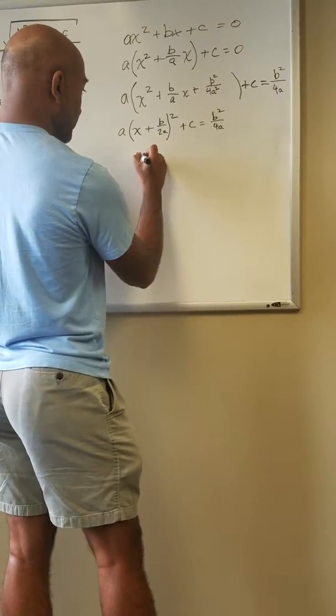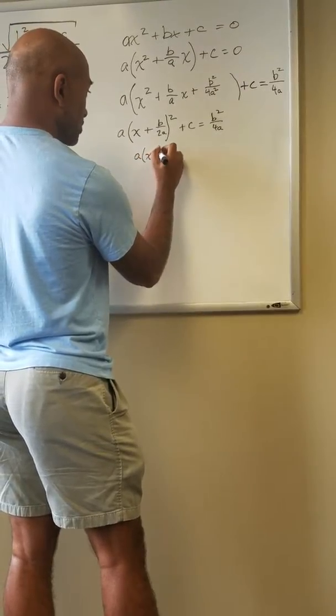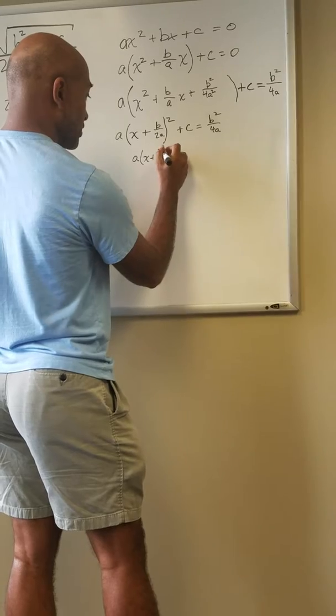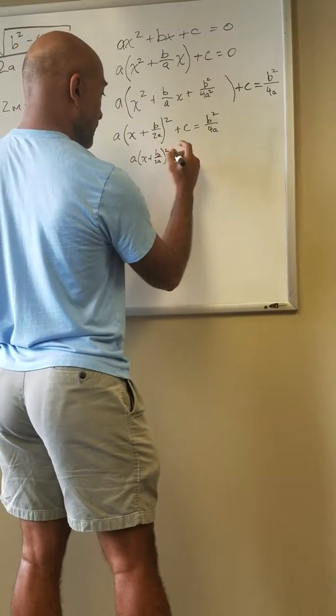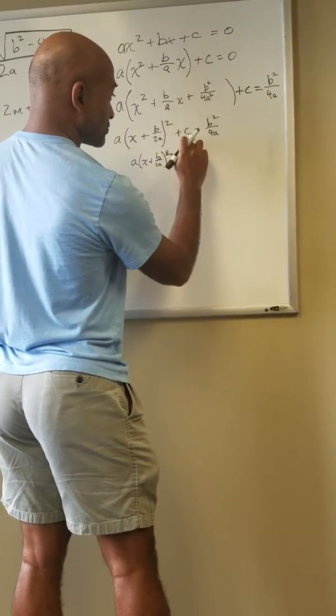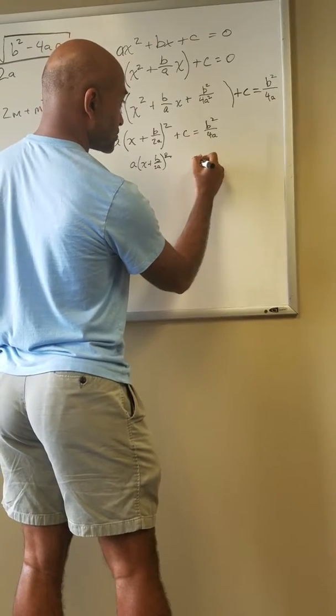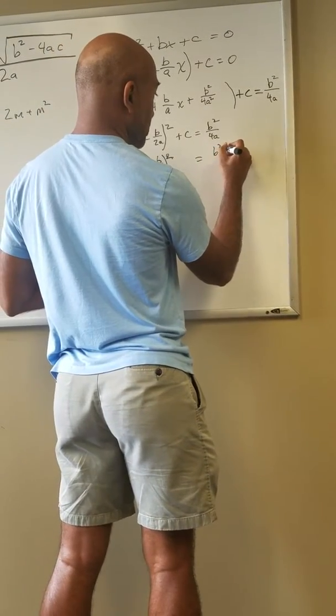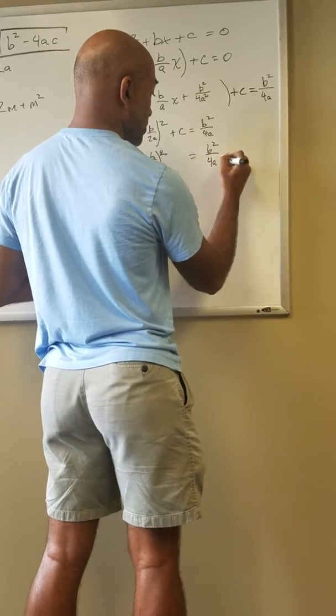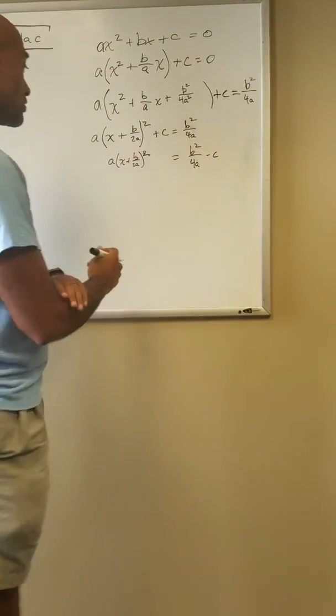So we have a times x plus b over 2a squared. And we're subtracting c from this side and the other side. So now we have b squared over 4a minus c, okay?